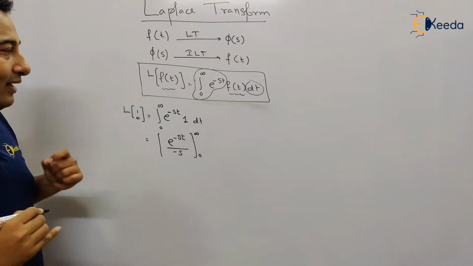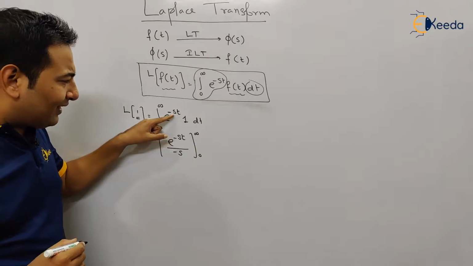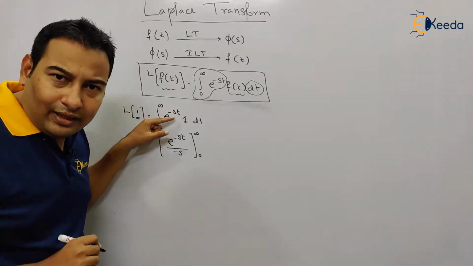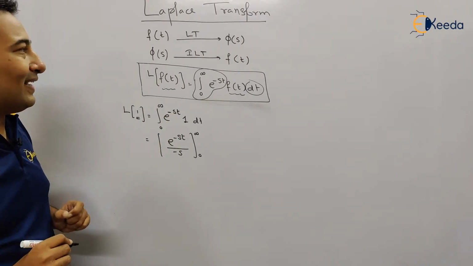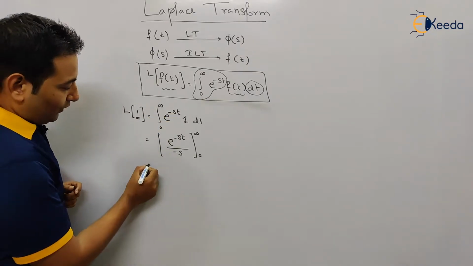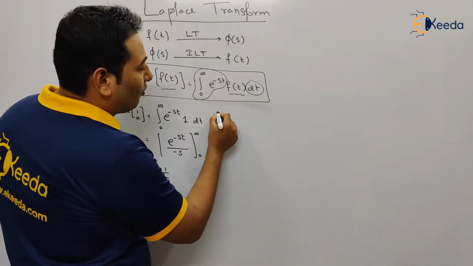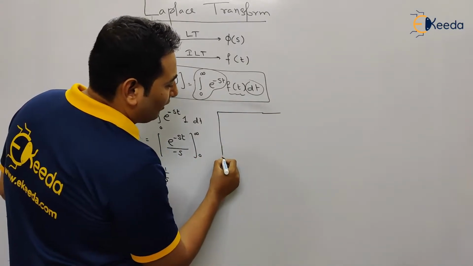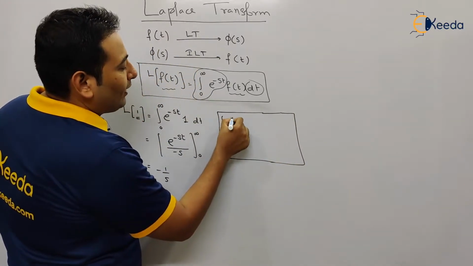If you don't know, let me tell you the integration formula. Whatever is with t, we're going to divide by that term. With t we have minus s, so we're going to divide by minus s, right? So minus 1 upon s will come outside. Let me tell you the formula also, so that you will not be confused in future. Suppose you want the integration of e raised to ax plus b.